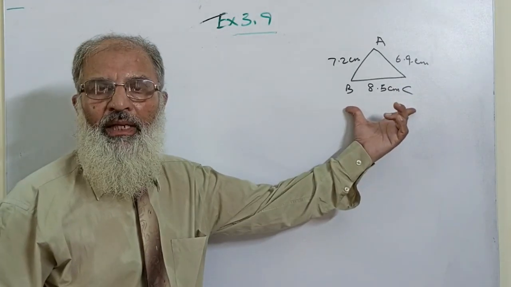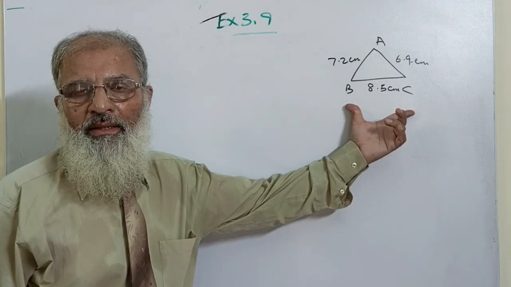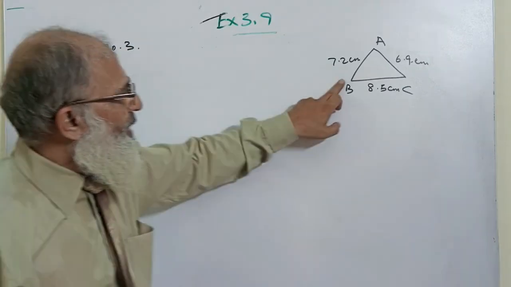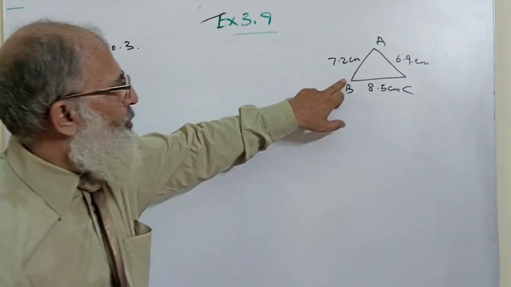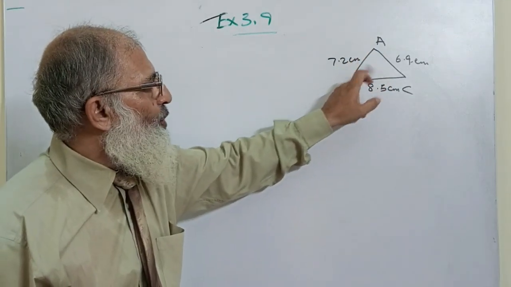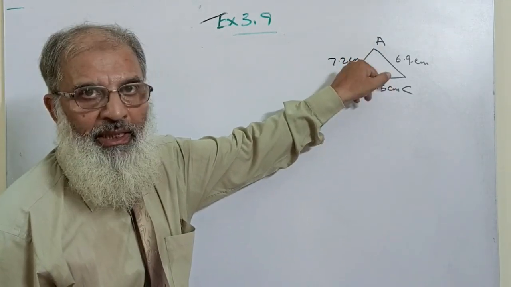You draw a line 8.5 centimeters long. Then from center B, you draw an arc 7.2 centimeters long in the air over here.